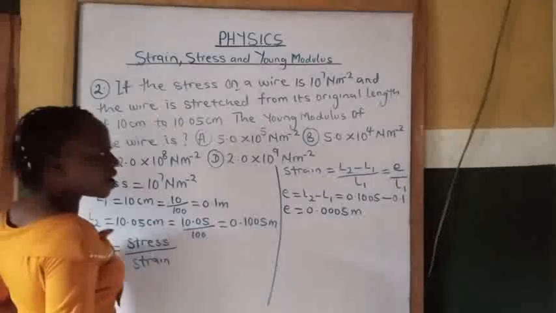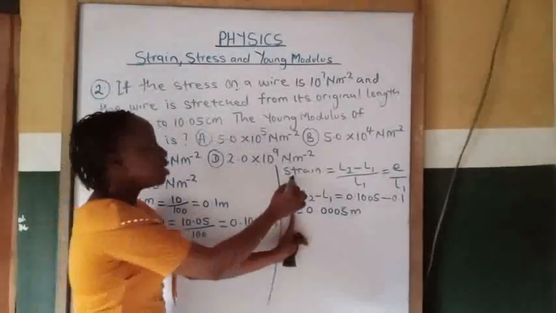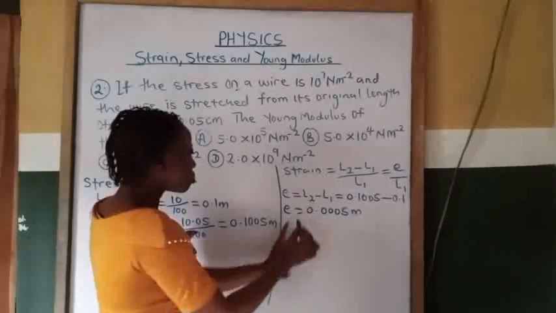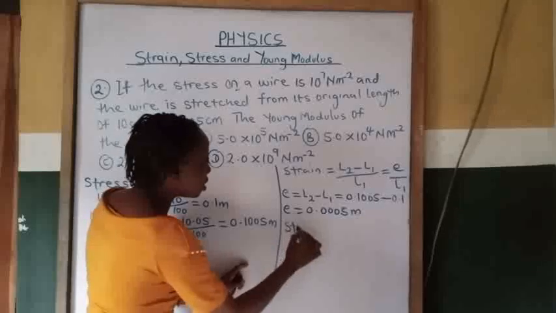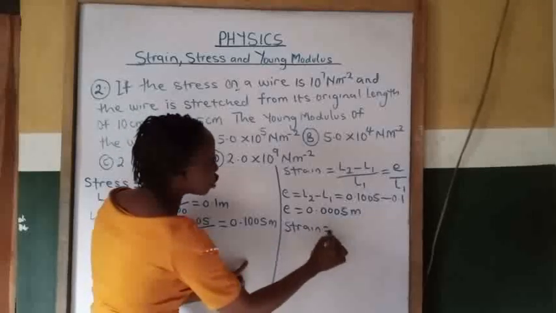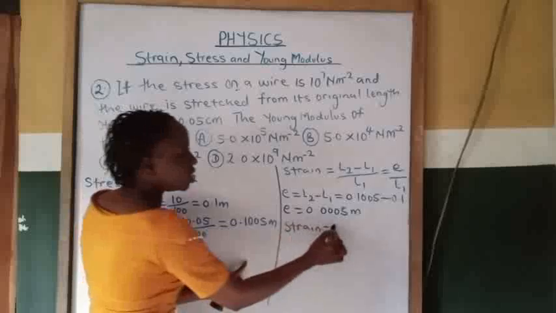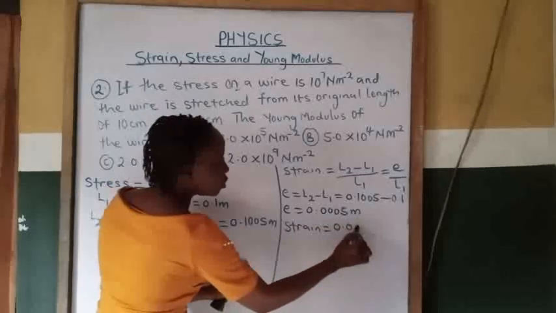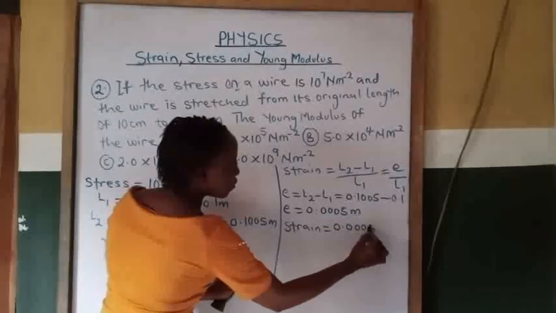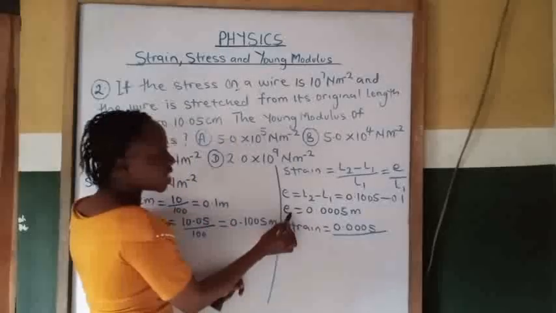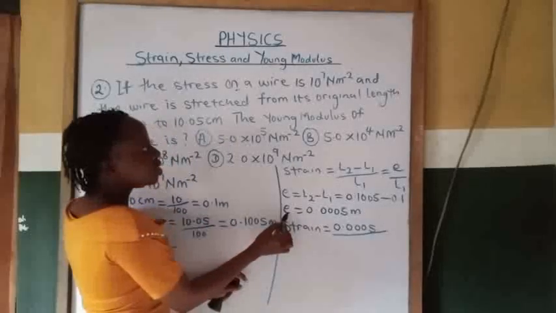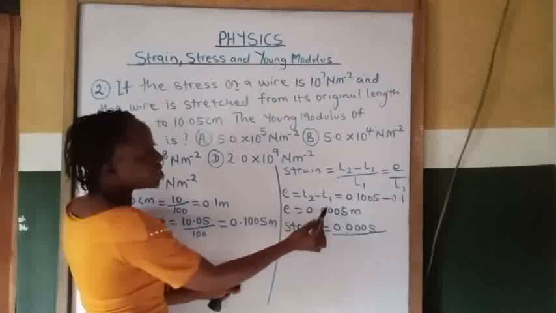Is 0.005 meter. That is our extension. So to calculate strain, strain will be equal to our extension E divided by the original length of the wire. So what is the original length?